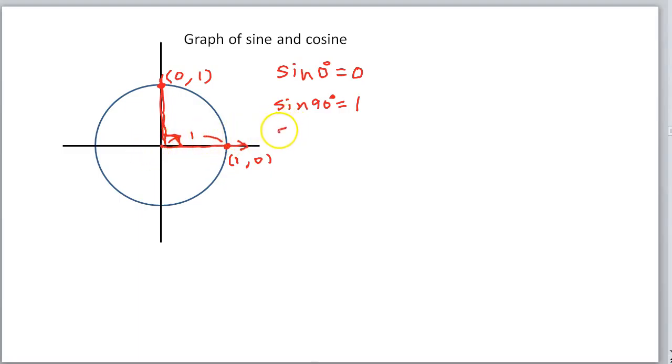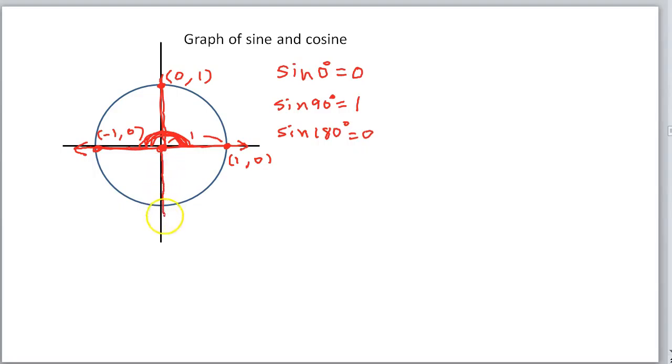So the next step will be 180 degrees. 180 degrees is this one. This angle is 180 degrees. So starting from the origin, your ray goes this way. That means you're going left by 1, so this coordinate is negative 1, 0. So cosine 180 is negative 1, whereas sine 180 is 0.